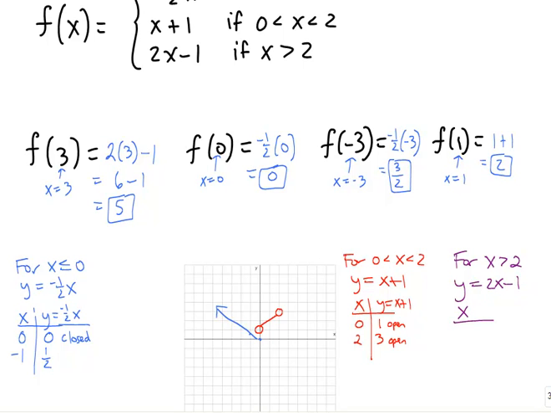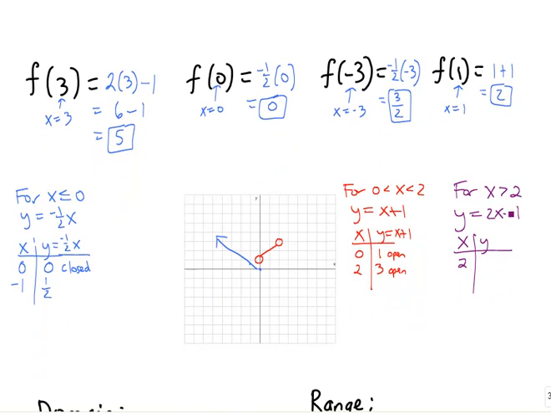And I'm going to make a little table, and my important point here in the inequality was this 2, so make sure you start your first x at 2, and for our second x we want to make sure we pick an x that's bigger than 2, so something like 3. Now let's plug both of those into my rule 2x minus 1. So 2 times 2 is 4, 4 minus 1 makes this 3. 2 times 3 is 6, 6 minus 1 would be 5. So here's the 2 points I need to plot.